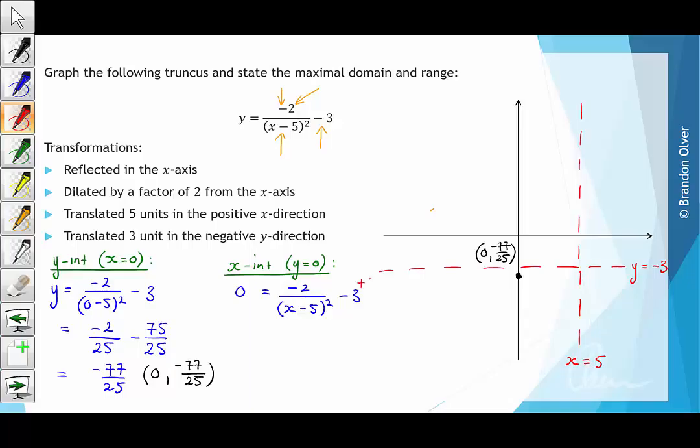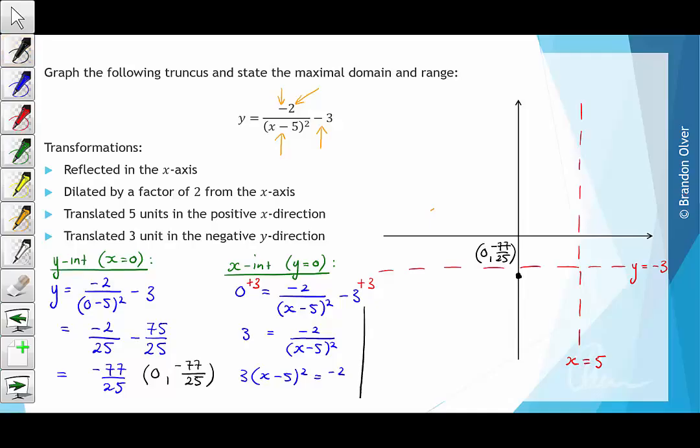If we add 3 to both sides, we have 3 is equal to -2 over (x minus 5) all squared. Multiplying by (x minus 5) all squared, we have 3(x minus 5) all squared is equal to -2.